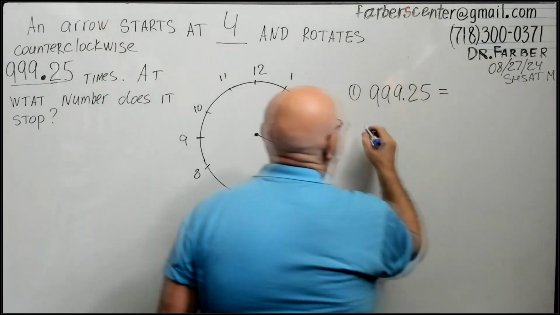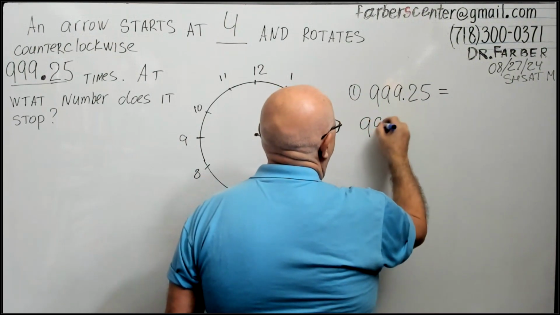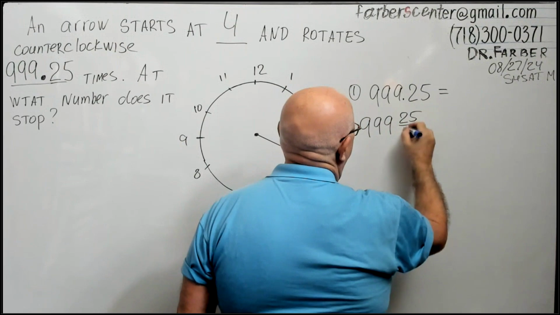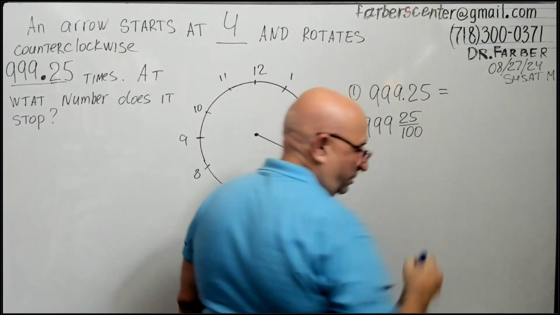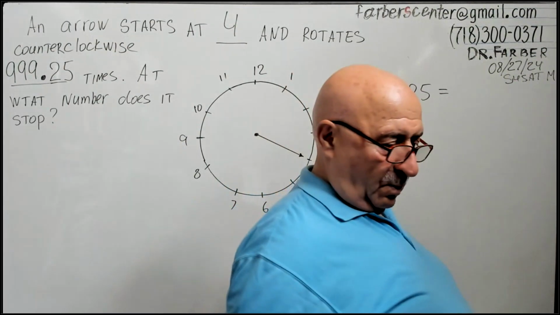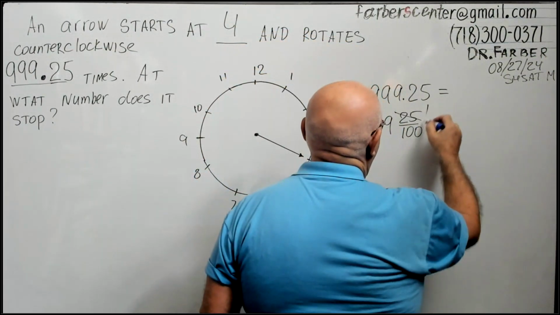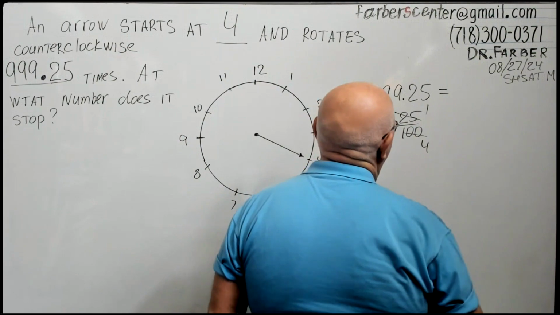It's the same as 999.25 over 100. So far so good. After simplification, this is 999 and 1 over 4.